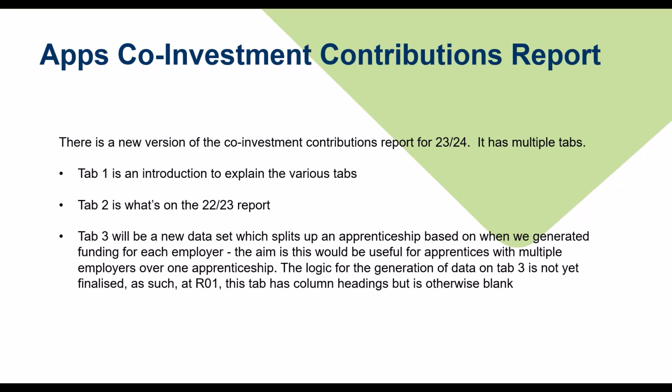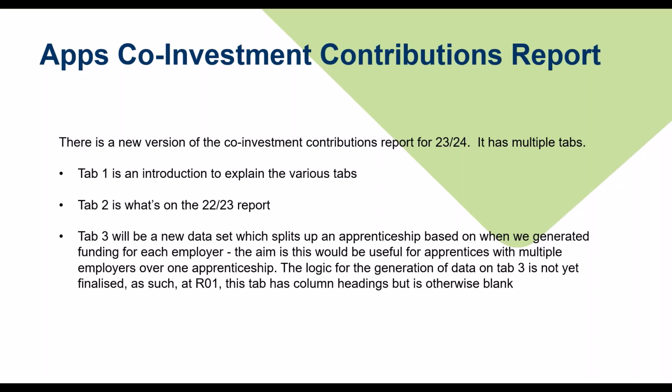Tab 2 is what's on the 22-23 report, and tab 3 will be a new data set which splits up an apprenticeship based on when we generated funding for each employer. The aim is this would be useful for apprentices with multiple employers over one apprenticeship.